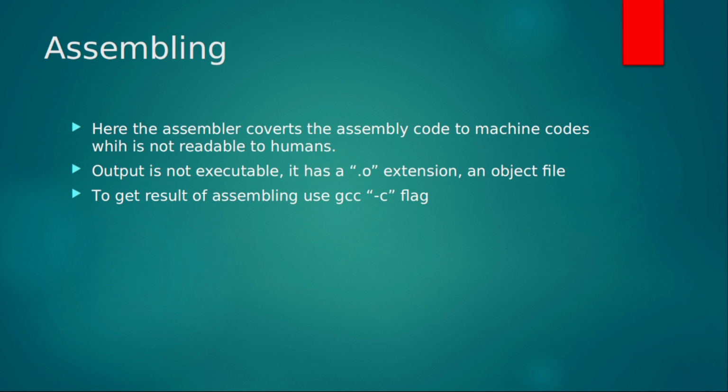The output, however, is not yet an executable, and it will have the .o extension. The .o stands for object file. So the output of assembling in this process is an object file with .o extension.